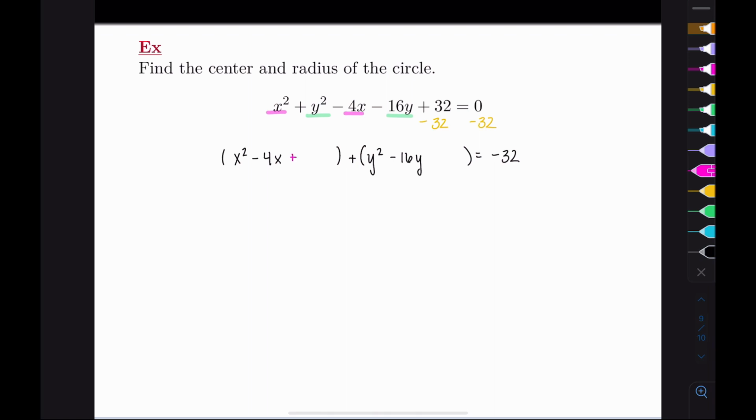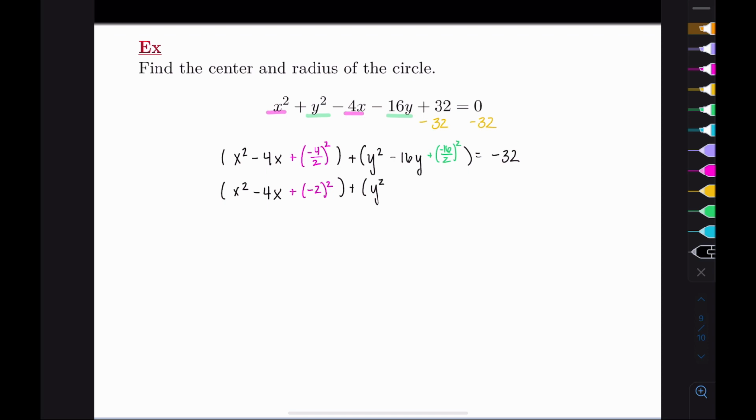The way we find the constant to add is the same way: I take the middle term, divide it by 2, and square it. And same thing over here, I take the middle term, divide it by 2, square it. So that gives us x squared minus 4x, and this would be plus negative 2 squared.